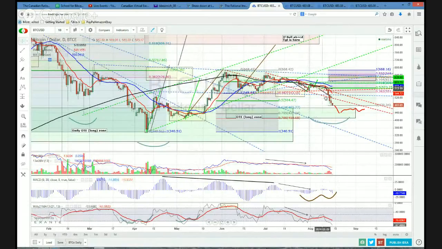So, we're starting to get down into that kind of area again, and this took from the end of April right through the middle of May. It took that long to develop. Maybe this takes from the middle of August right through to the middle of September to develop. Could be. Very possible.